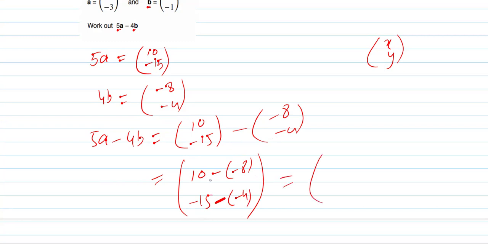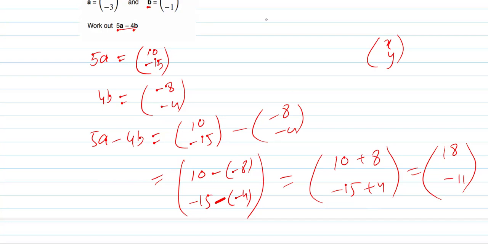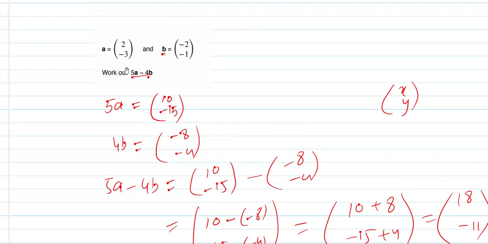So it will become 10 plus 8, and this will become -15 plus 4. So finally it will be (18, -11). So this will be 5A minus 4B. Always, if we have to multiply a vector with a scalar, you will multiply that number with both the components of that vector. Okay?